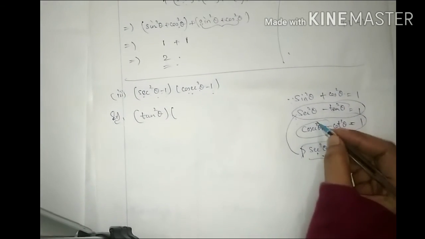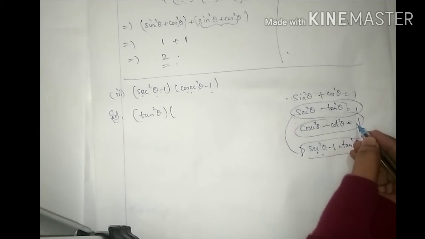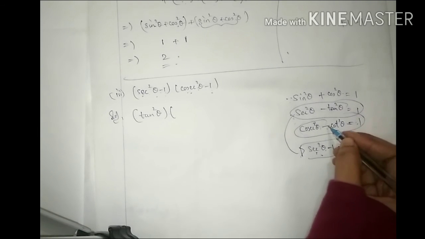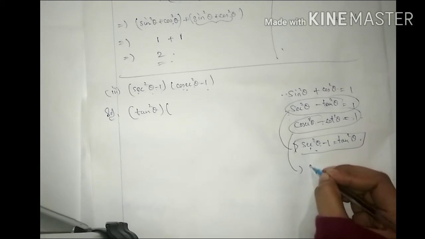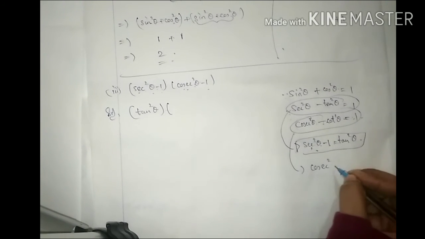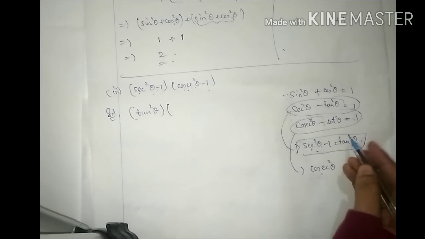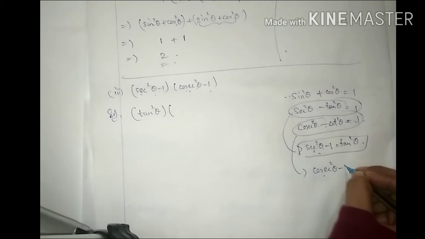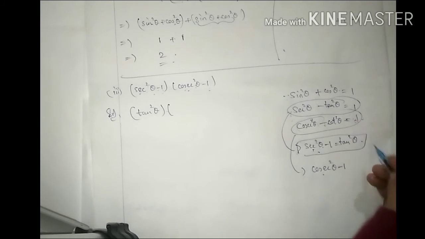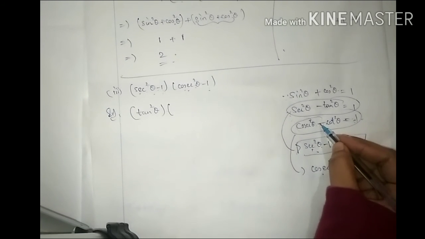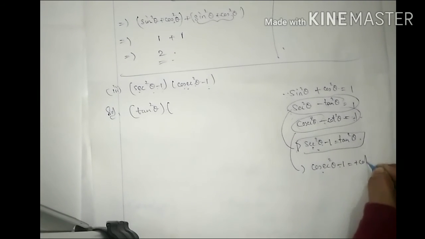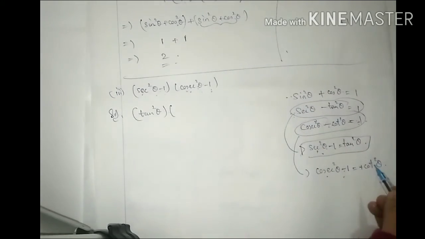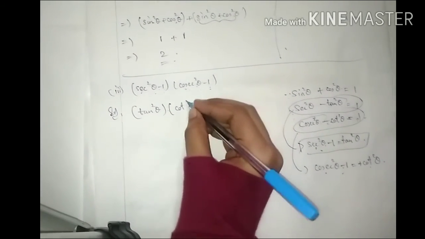For cosecant square theta minus 1, this plus 1 will come to this side and become minus, and this will become positive, so cot square theta you will get. Cosecant we want, so we'll keep it on the LHS. Then we bring this 1 to this side, this plus 1 changes to minus 1, and this changes to positive, plus cot square theta. So in place of cosecant square theta minus 1, we can write cot square theta.